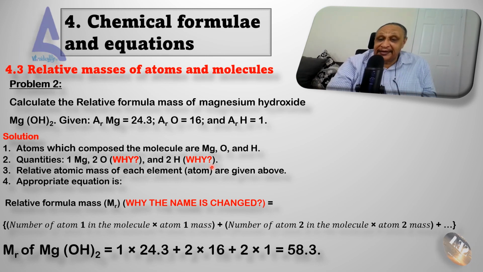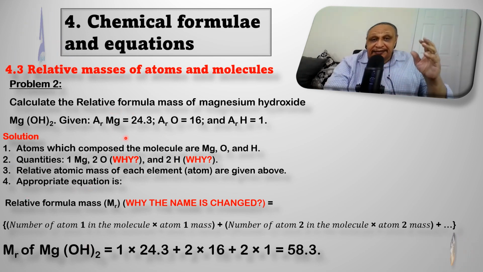There is a metal here, and there is an ionic compound, and because ionic bonds need some sort of formula unit rather than a molecular structure, we take it as a relative formula mass.